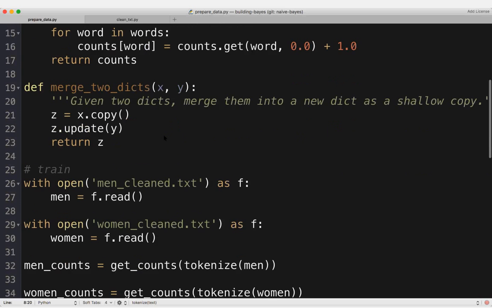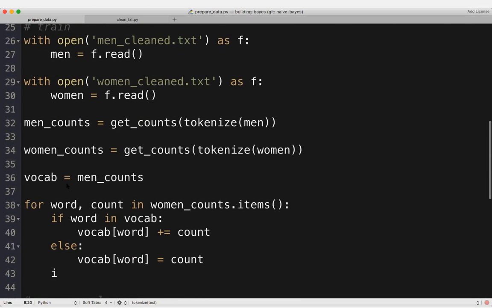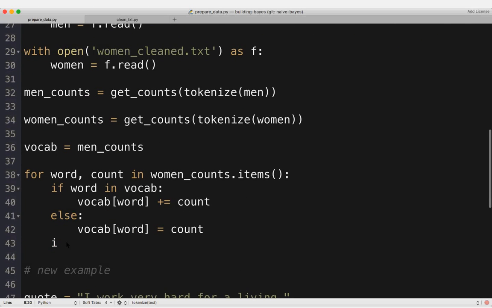So then I have my dictionary for men and my dictionary for women. And this is what I was working on right before I had to come over here. How do I combine those into my vocabulary dictionary? So I have a master list of here's all the words that I've seen. So as I come into the new quote, I can say, is this a word I've seen before? And determine whether or not to score it. That's about as far as I got.